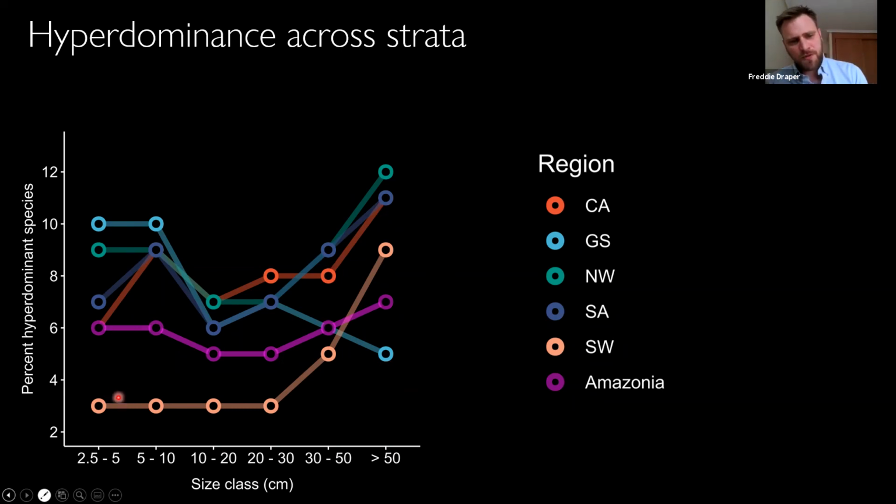This point that the Southwest Amazon has a high level of dominance is relevant. It's interesting because this original work that was published by Nigel Pitman was initially based in many of these forests in the Southwest Amazon.